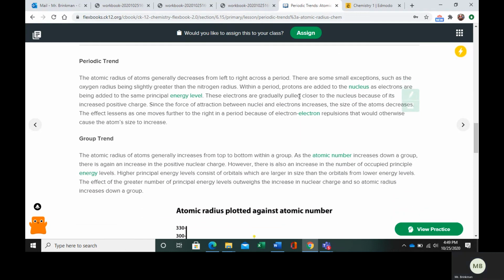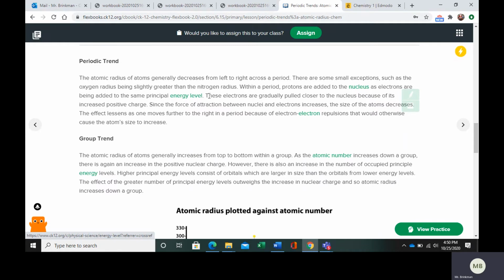One exception is that the oxygen radius is going to be a little bit greater than the nitrogen radius. When we're going across a period, we are adding protons to the nucleus as electrons are being added to the same principal energy level.